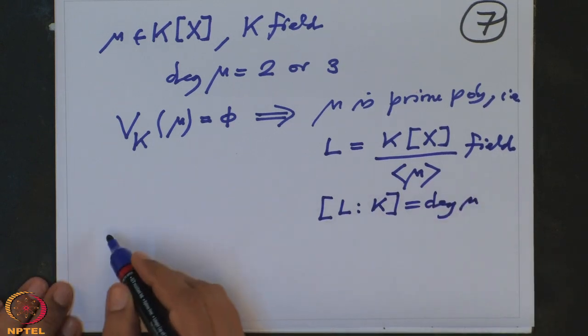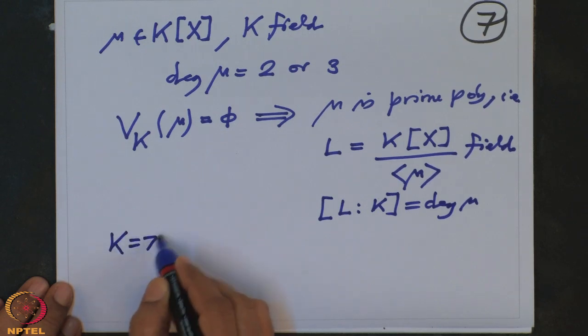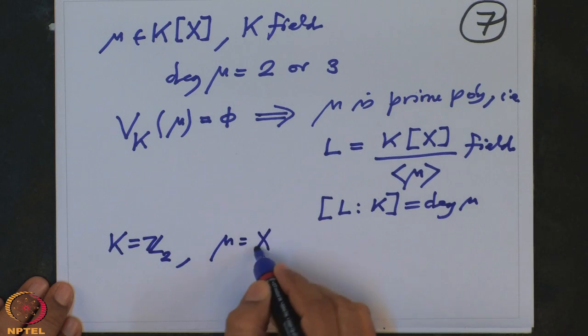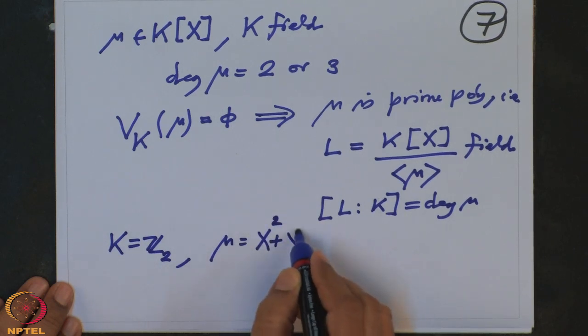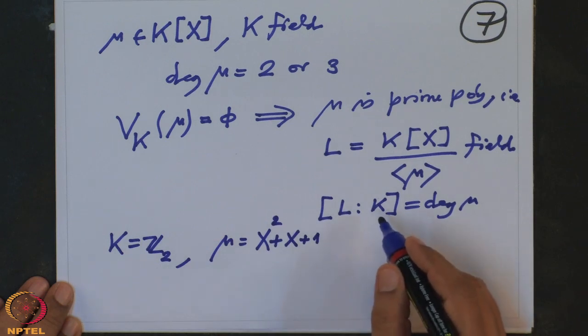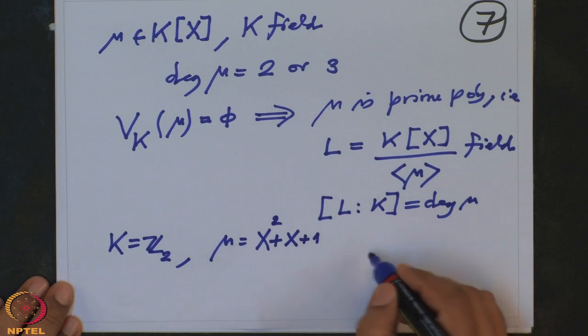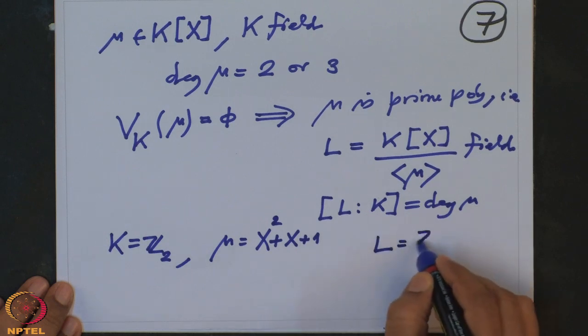So, again you can simply test. Let us take K equal to Z mod 2, and let us take the polynomial mu to be equal to x square plus x plus 1. This is a degree 2 polynomial, and now we want to test whether L, this modulo mu, is a field or not.